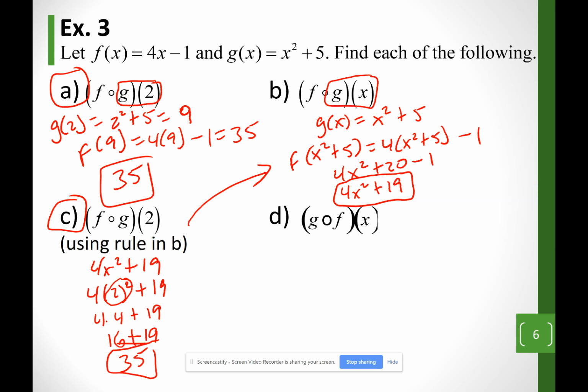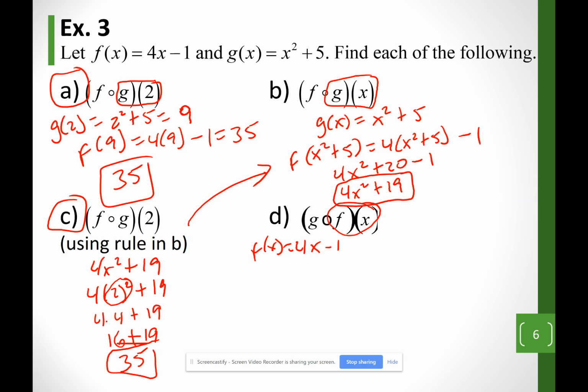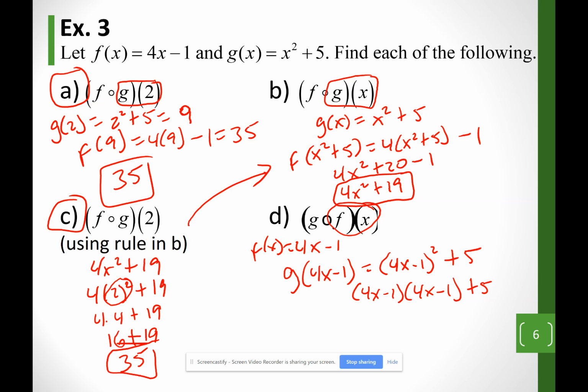Now for D, we're going to do f of x first. So I'm going to do 4x minus 1. That's what f of x is. I cannot simplify it because I don't know what x is. So now I'm just going to do g of 4x minus 1, which is 4x minus 1 squared plus 5. On the square, I'm going to do 4x minus 1 times 4x minus 1 plus 5.